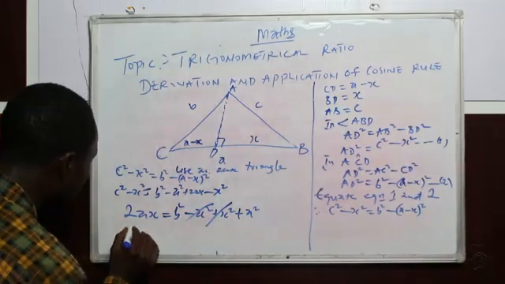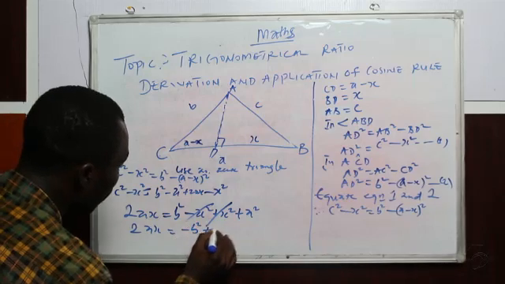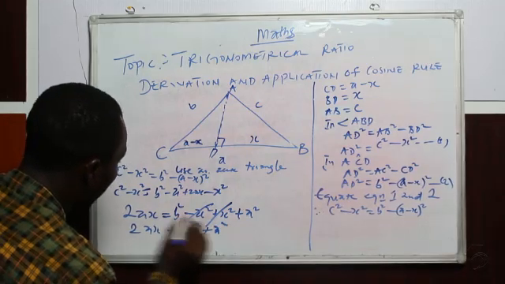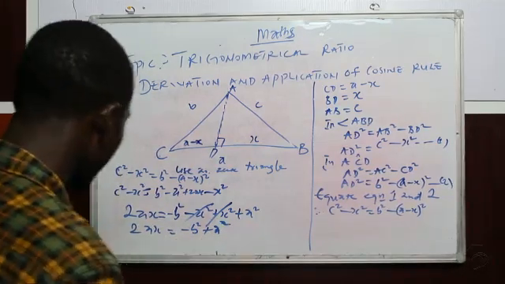We are now left with 2ax equal to minus b square plus a square.